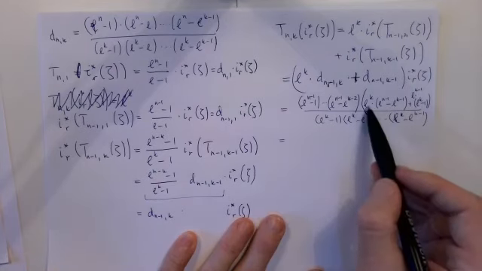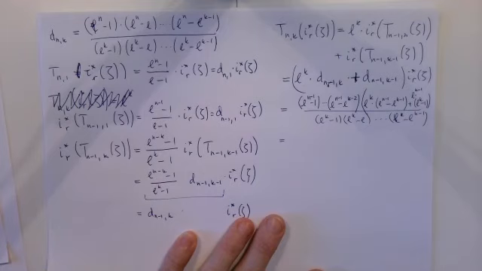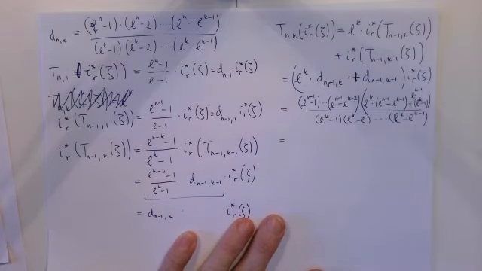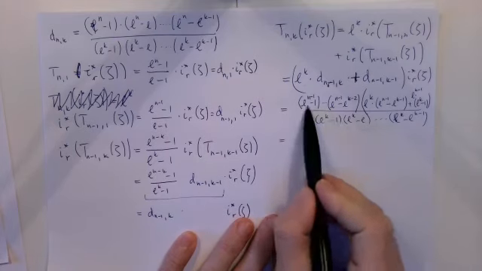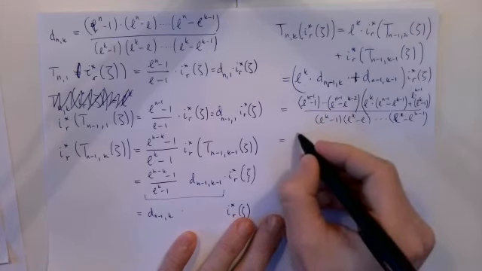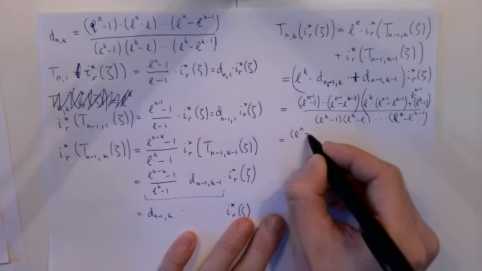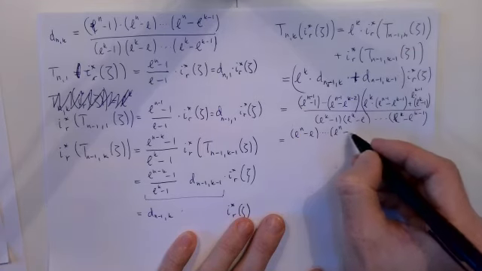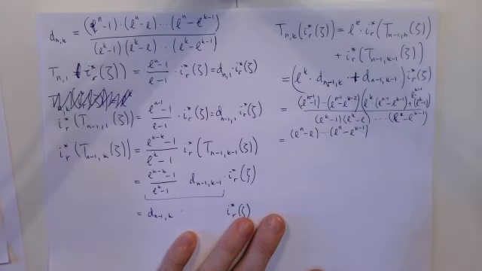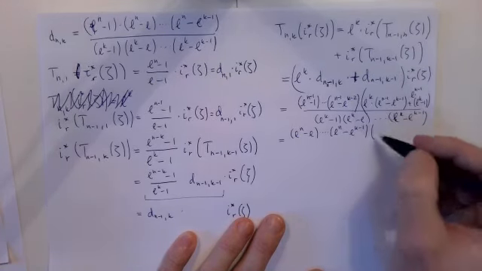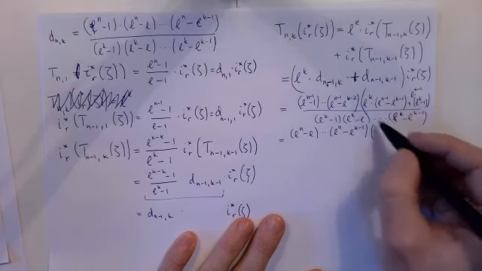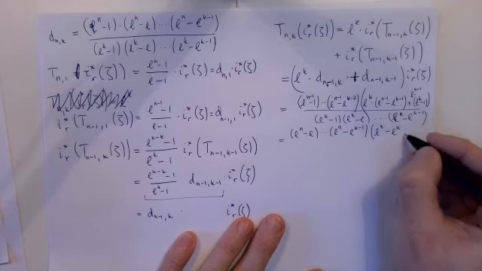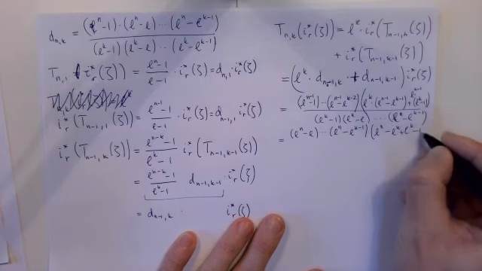Anyway, we can take these L^{k-1} factors and put them all in these factors here to get (L^n minus L) dot dot dot (L^n minus L^{k-1}). And now here we have one L left, so we get L^n minus L^k plus L^{k-1}.